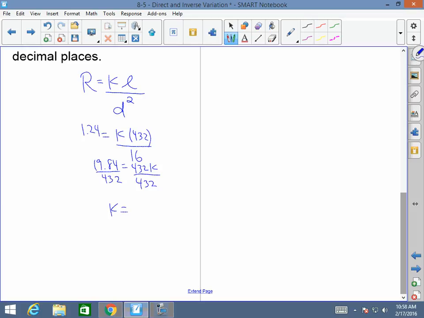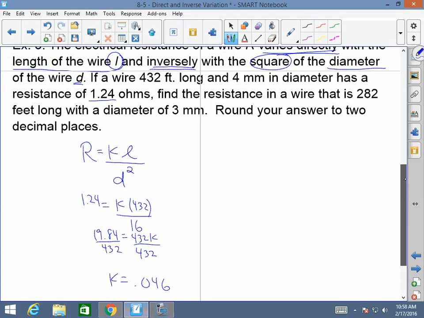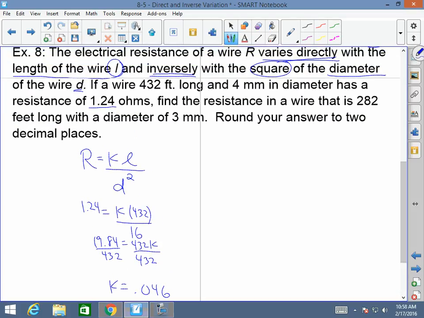And K will equal 0.0459. Let's go ahead and round to 0.046. In a situation like this, of course, you will be able to use a calculator, but your calculator will render you worthless unless you know what you're doing, okay?